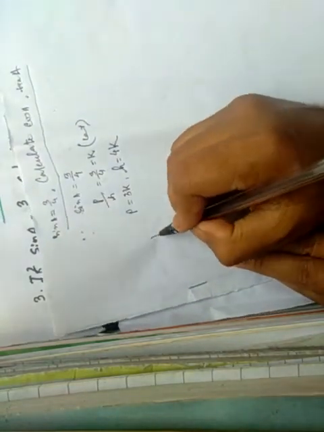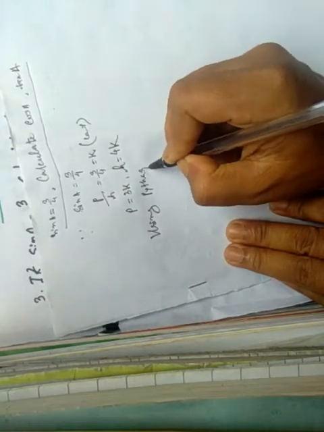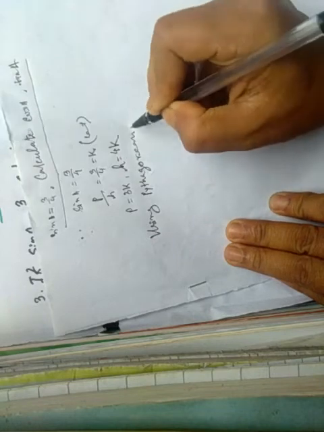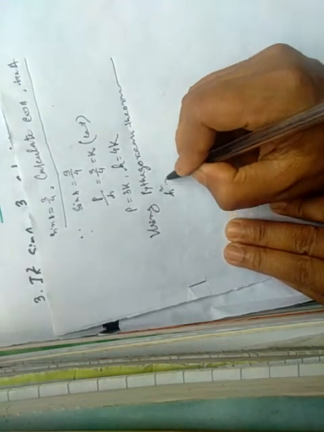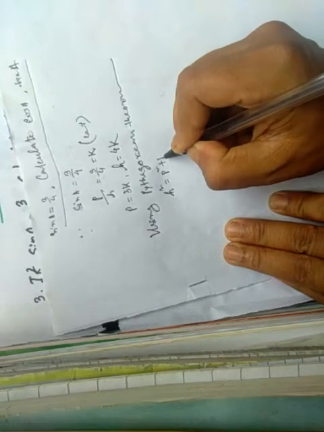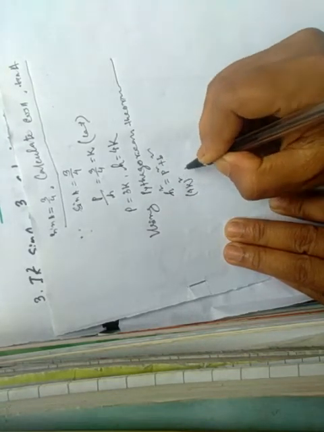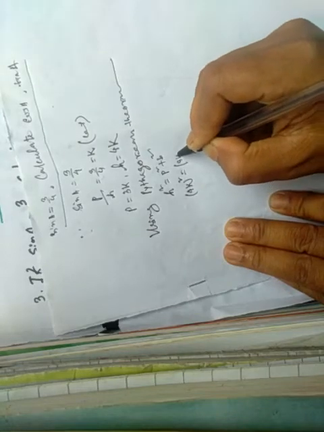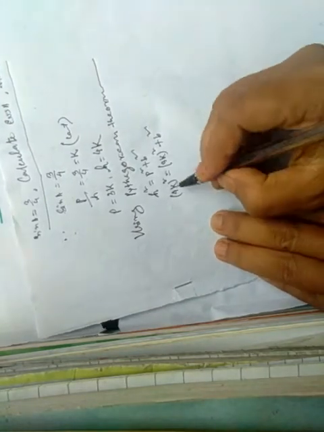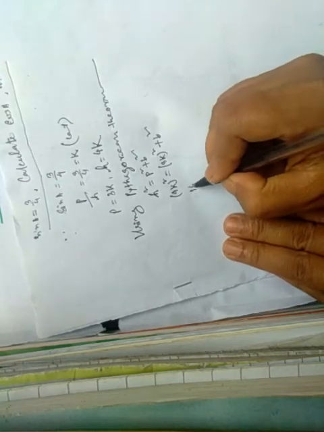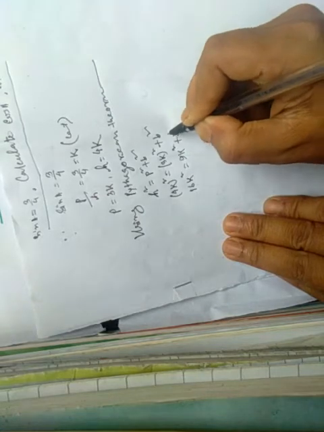Hence using the Pythagorean theorem, h square equals p square plus b square. Here the value of h equals 4k, so (4k) whole square, the value of p equals 3k, (3k) whole square, plus b square. (4k) whole square becomes 16k square, equals 9k square plus b square.